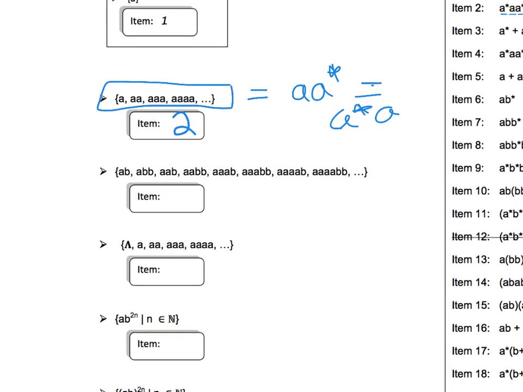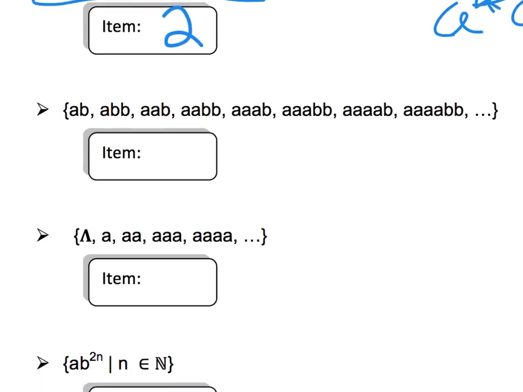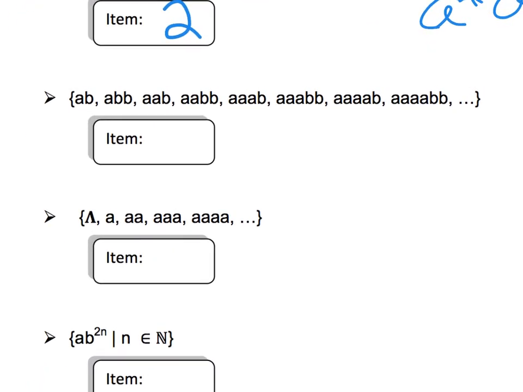All right. Let's look at the next one. What do we got? At first, it kind of looks like we're having as many A's and B's as you want, except when I look, I have 1 B, 2 B's, 1 B, 2 B's, 1 B, 2 B's, right? And the A's are increasing.